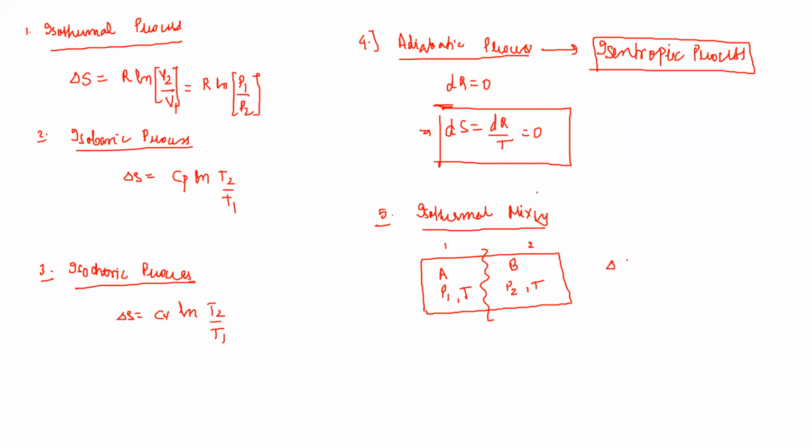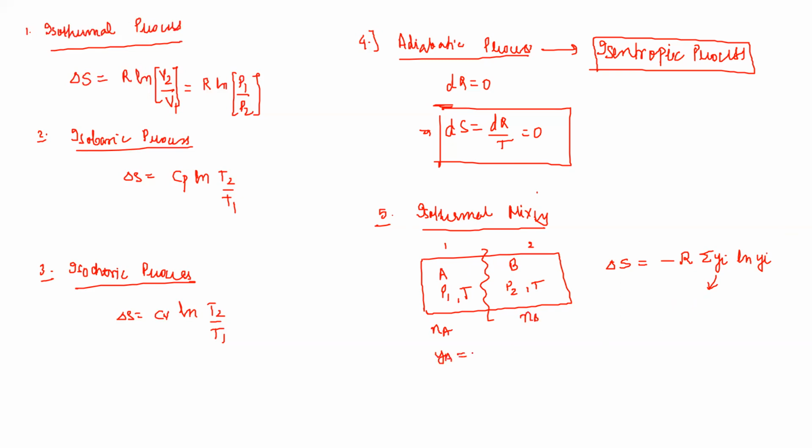So in that case, the change in entropy is given as minus R sigma yi ln yi, where yi is the mole fraction of the ith component. For example, over here we took isothermal mixing of A and B. So let's say Na moles of A are initially present here and Nb moles of B are present over here.